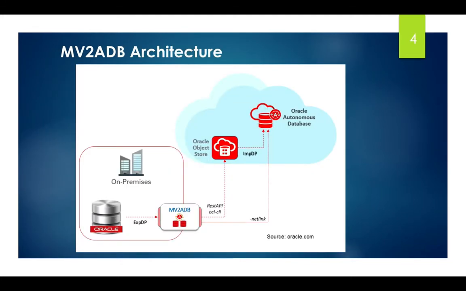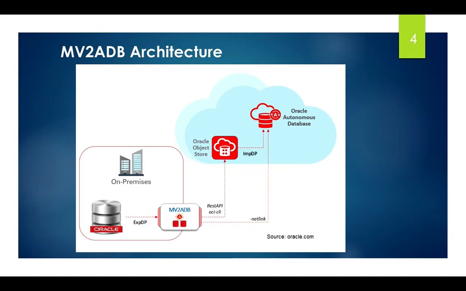So this is the basic architecture of the MV2ADB tool. You can see this is on-premises Oracle. For my case, I will be using a compute instance at the OCI level. Here your Oracle instance is there.